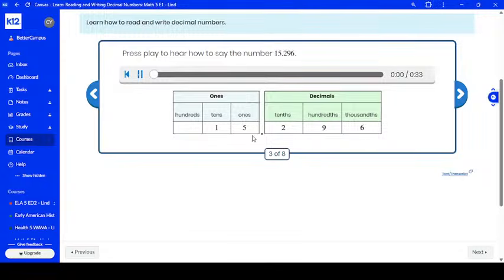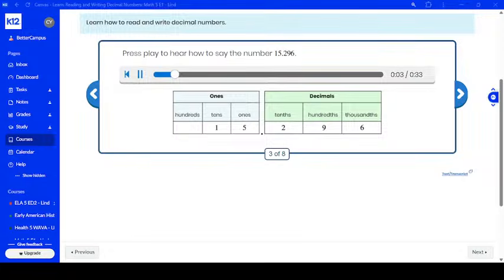15 and 296 thousandths. Notice that I did not say the word "and" when reading the decimal portion of the number. You must only say the word "and" to indicate the decimal point. Also, when I read the decimal part of the number, I used the place value that is farthest to the right.